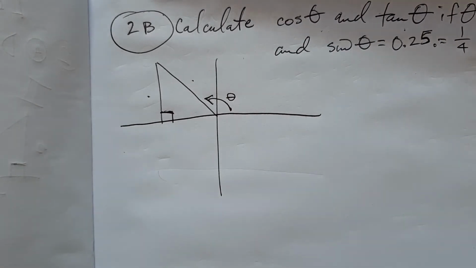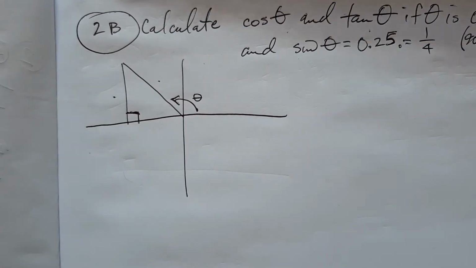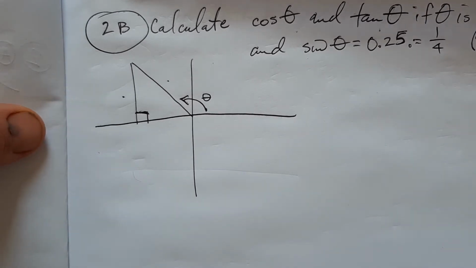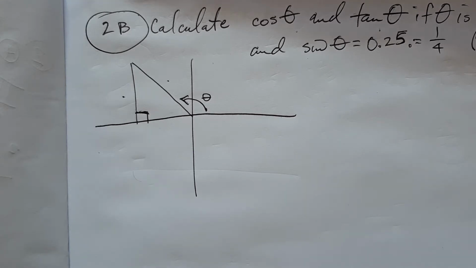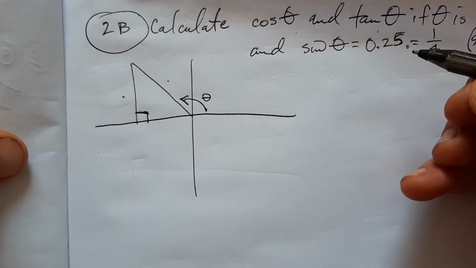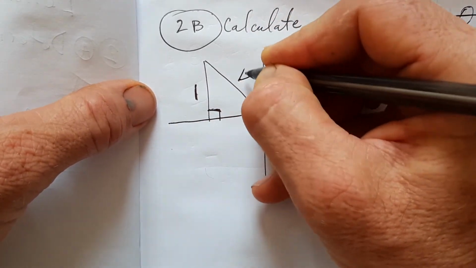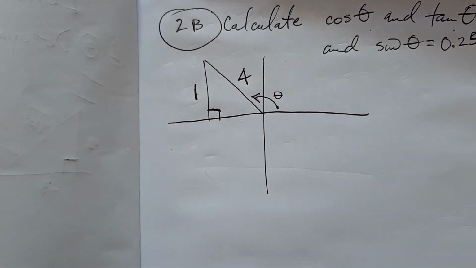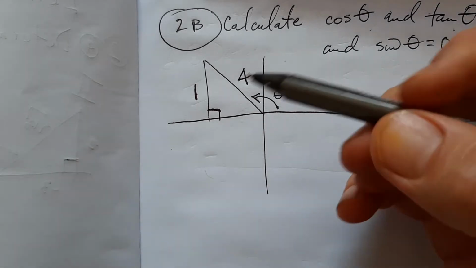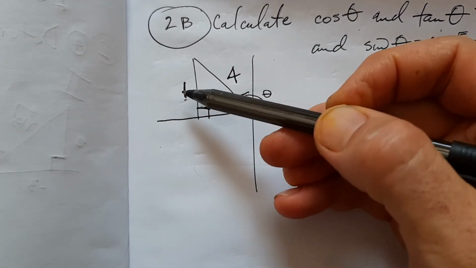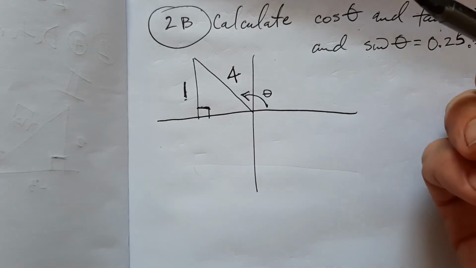It doesn't say use the unit circle. You don't have to. We're just finding out what the trig ratios are for this angle, so we can figure them all out. We can get cotangent, secant, and cosecant also. Opposite over hypotenuse, that's how I would do it. But you could put 0.25 here, or 1/4 here, and 1 here.